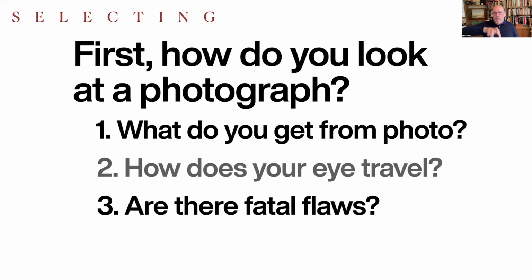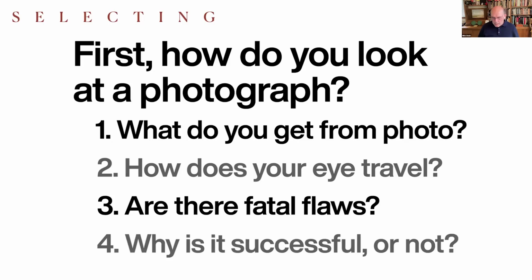If your eye starts in this red blob in the top right corner and the most important thing is over here on the left side, then that's a fatal flaw. There can be tons of fatal flaws. Basically, traveling through the photograph and you're like, nah, something's wrong here. It just doesn't work. Then you ask yourself if it is successful, and you define what success is for your given images and given reason for them existing.